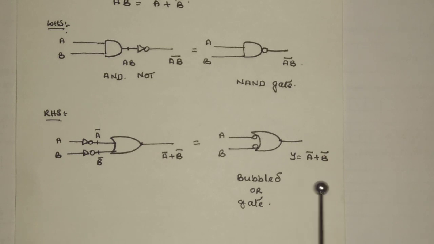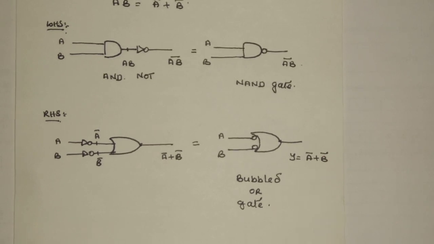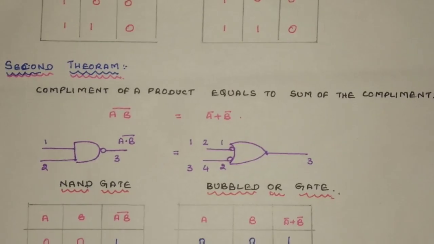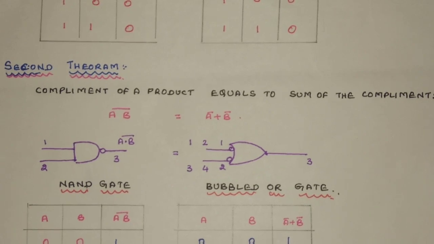This is for the second theorem: the complement of a product equals the sum of the complements, given by (AB) bar is equal to A bar plus B bar. This is the symbolic representation of the NAND gate, and this is the symbolic representation of the bubbled OR gate.